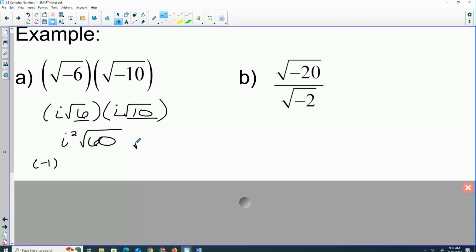The perfect square, isn't it? 4 and 15. Square root of 4 is 2. I can't do the square root of 15. So my answer is negative 2 radical 15.